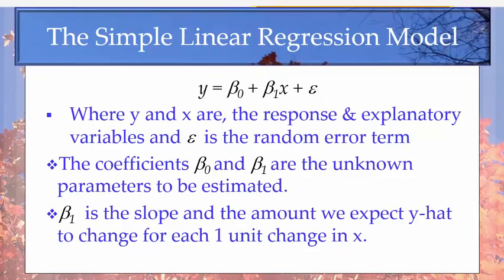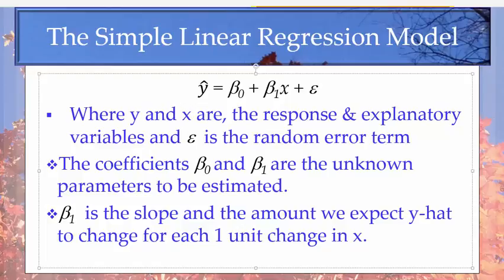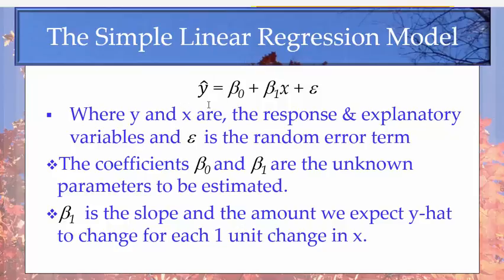So here we have a simple linear regression model. It begins with y hat, because that's a predictor. So y hat is predicted to be comprised of beta naught plus beta 1 times x plus your error term. These coefficients of beta naught and beta 1 are unknown, and the parameters that we're trying to work with are going to be estimated.